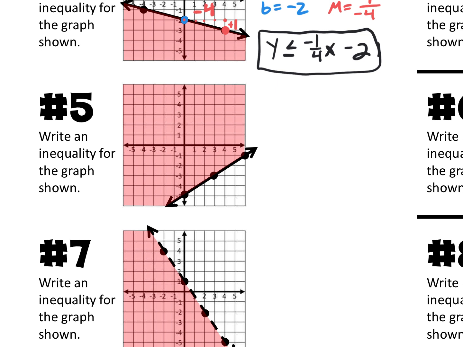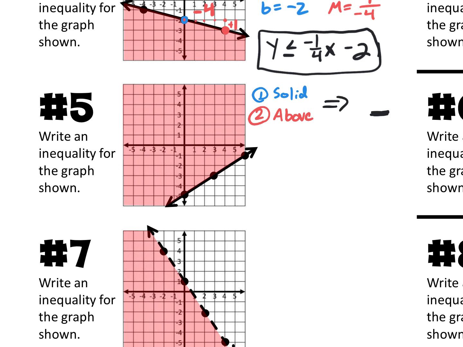Okay. Well, what do you want to do here? As you look, first thing I got to check, is my line solid or is it dashed? It is solid. Second thing is, where is it shaded? It is shaded above. So we know from that our inequality, it's got to have the line underneath.